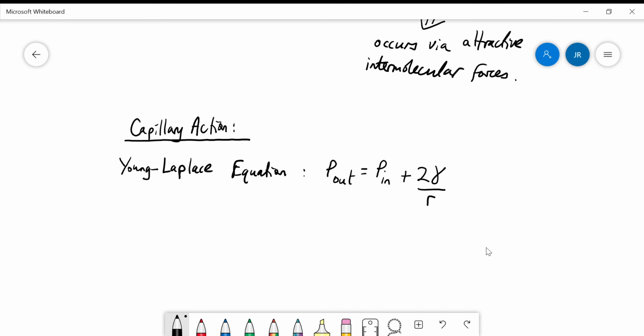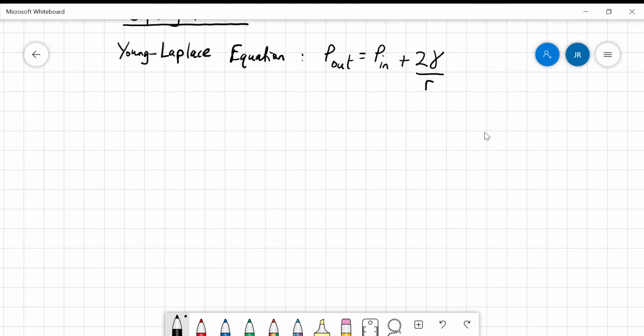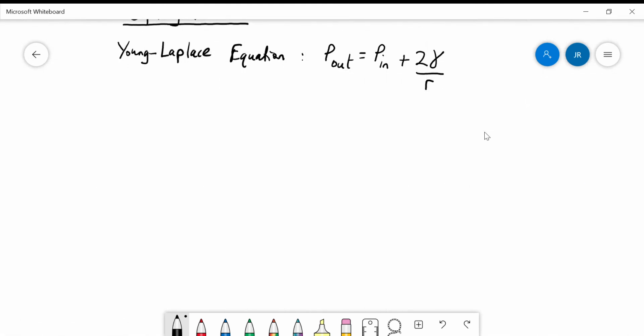So let's start to frame this in terms of a diagram. I'm going to get my best artistic skills to play here. So let's look at a capillary tube. A capillary tube is just a thin tube.